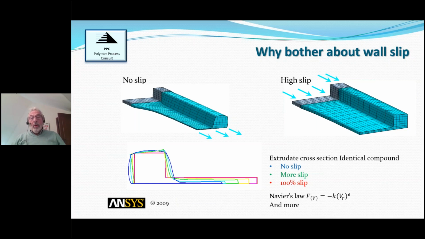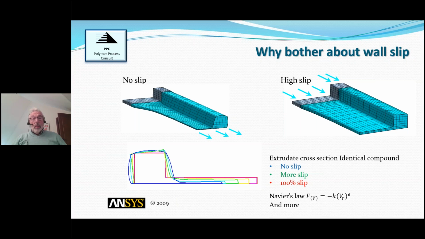Okay, why bother about wall slip? Well, this is an extract from an ANSYS presentation in 2009, and we can see that in a simulation of an extrudate, if we apply a certain amount of slip in the process, the output shape, form and dimension are completely changed by this slip parameter.